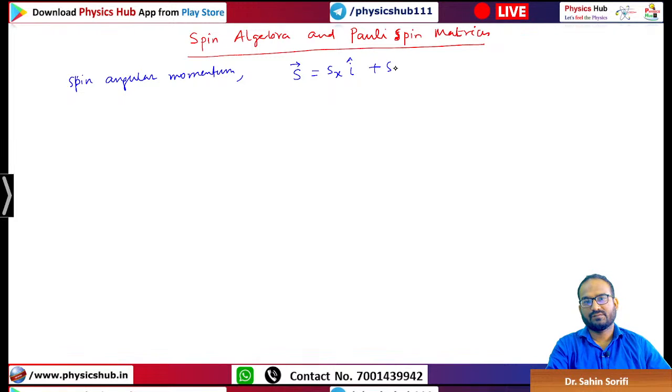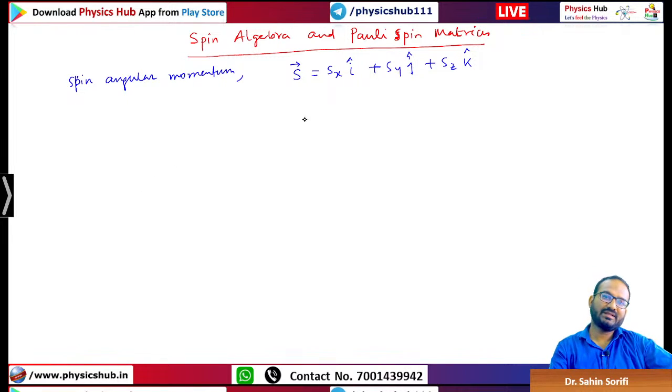So if I talk about spin angular momentum, the way orbital angular momentum L was having three components, Lx, Ly, Lz, here spin angular momentum is represented by S. It will have three components, Sx, Sy and Sz.